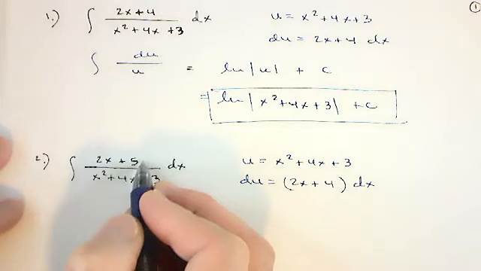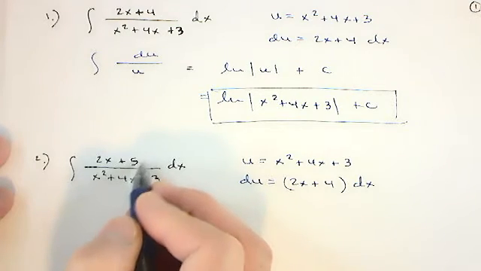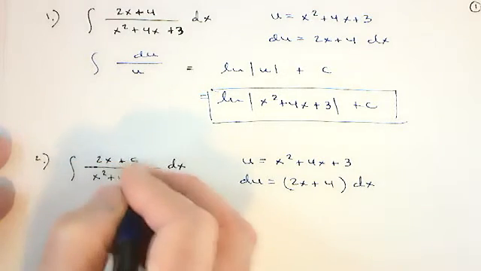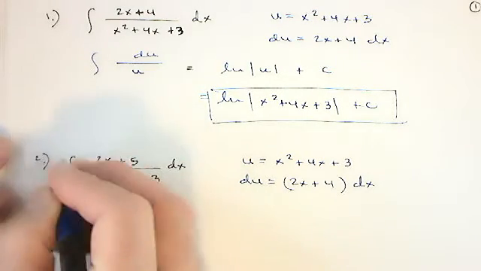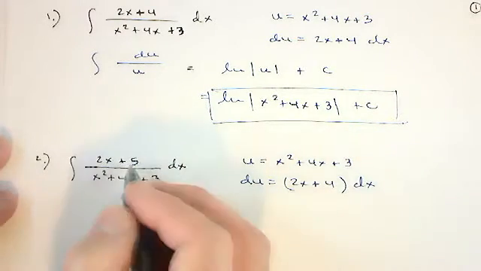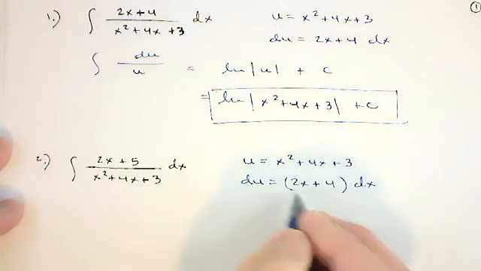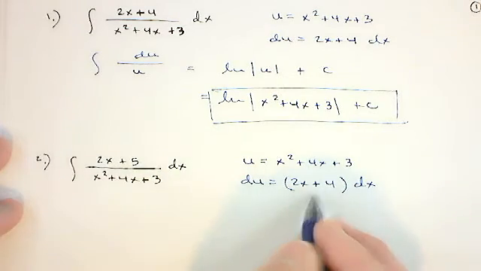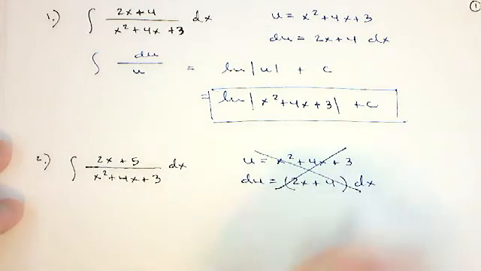You can't wish for minusing 1 here. The only thing you can wish for is multiplying this whole mess by something and then compensating outside. So you can't wish for minusing 1 here and then adding 1 at the end. That's not going to work. As close as this is, there's no way I can multiply 2x plus 5 by something and get 2x plus 4. U substitution is out.